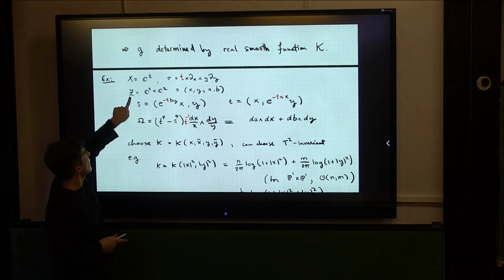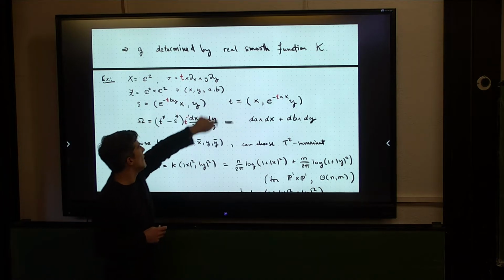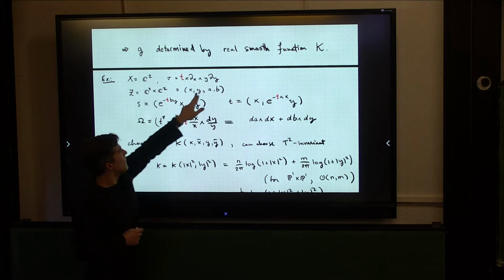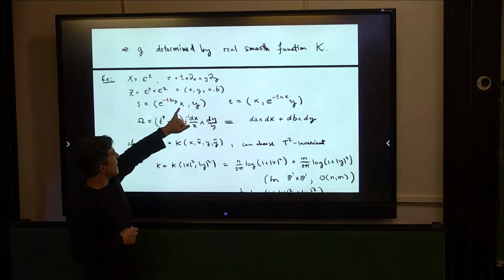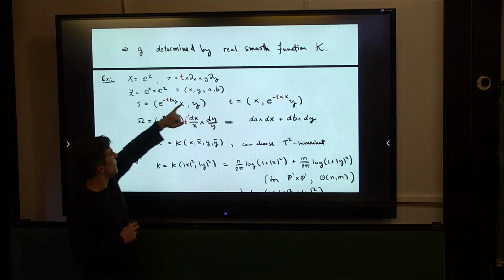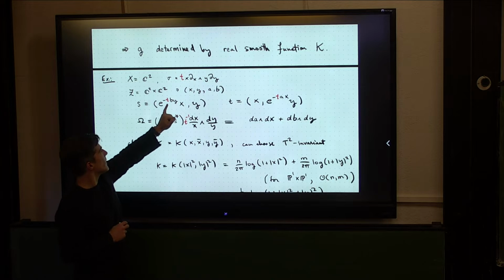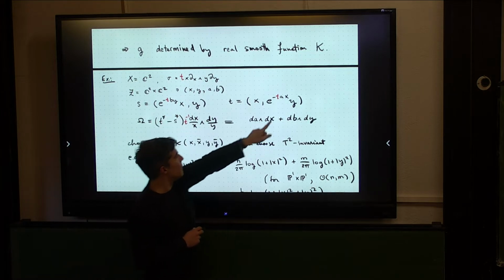Then the space Z has double the dimension: x, y, a, b. And the source of this arrow is basically x and y, but x has now been acted upon. You act on x by the exponential of b times y, with a t there. And the target is acting in the same way, but on the other variable.